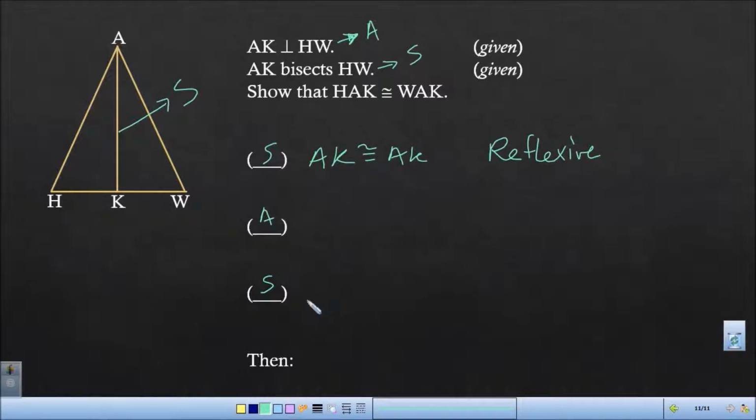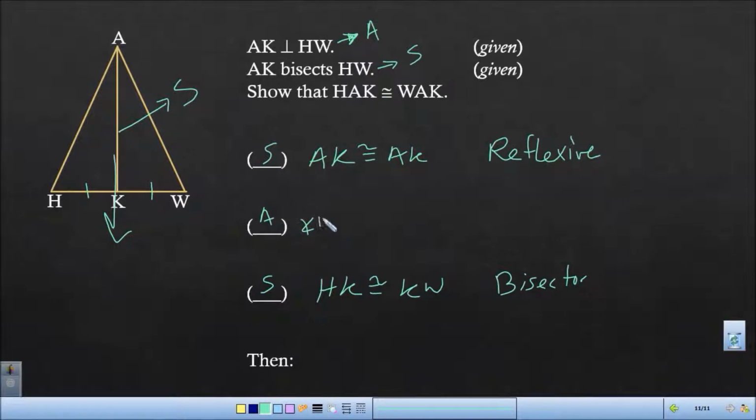All right, and AK is coming through and cutting HW, so HK and KW are both congruent. HK is congruent to KW, bisector. Now, perpendicular lines form congruent adjacent angles.